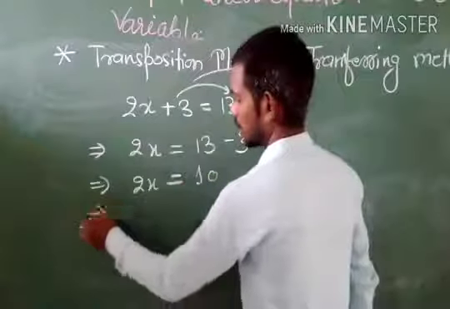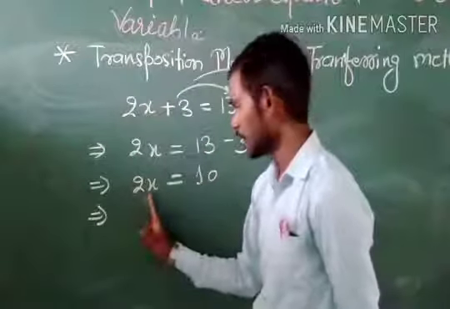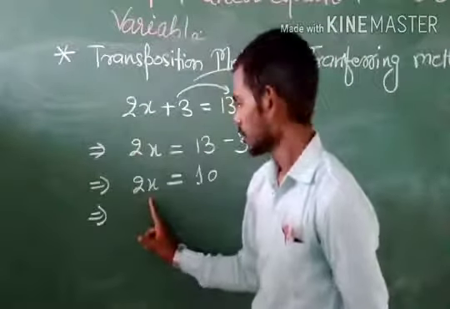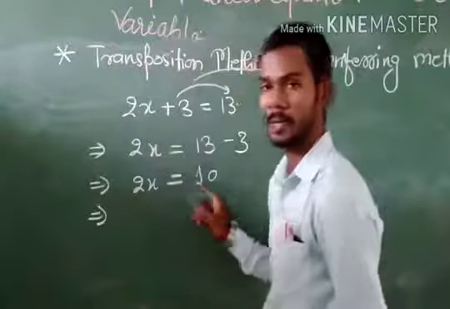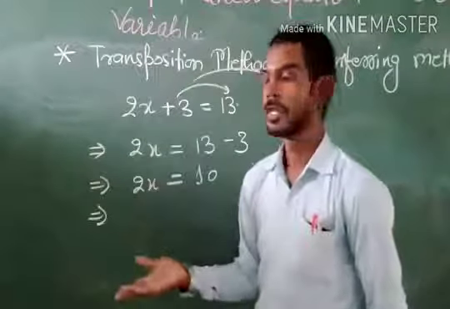And again, here we can see that 2 is multiplied with x. So when 2 goes to the right hand side from the left hand side, its sign is also changed.